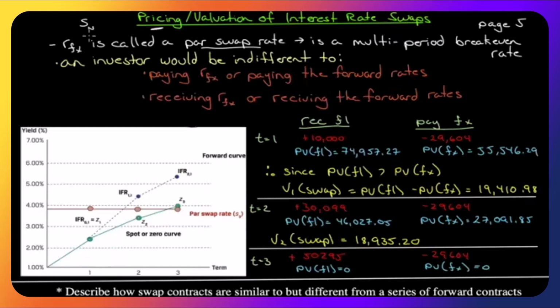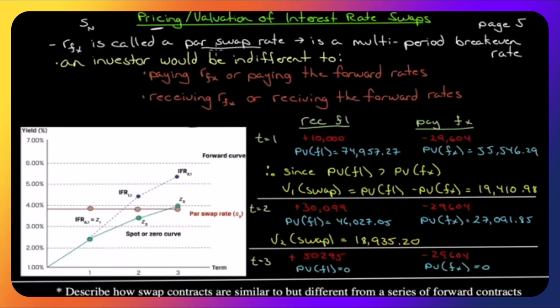The more common notation is R sub FX. S sub N is new notation that CFAI has introduced, and you may get confused because you won't see it anywhere else other than here. So I may as well introduce you to notation that you're more commonly going to see for a swap.